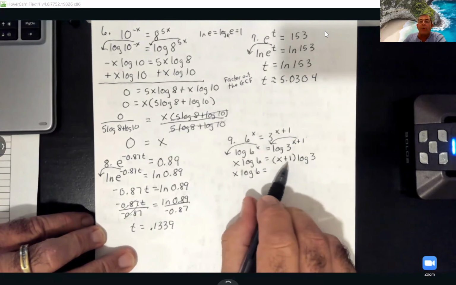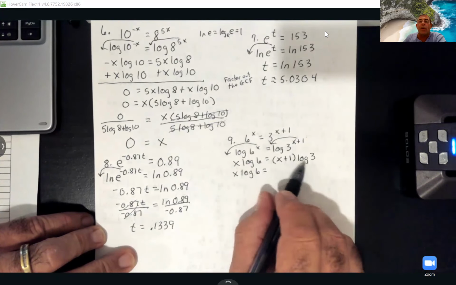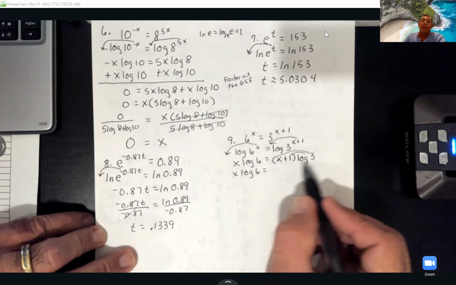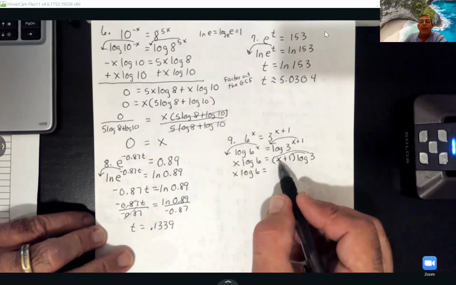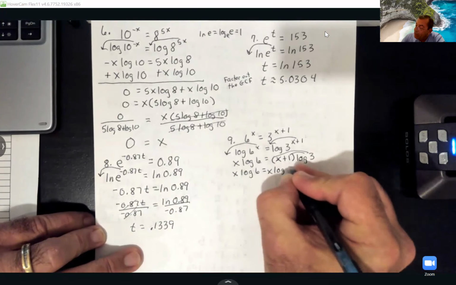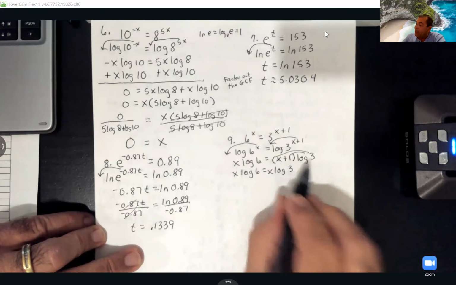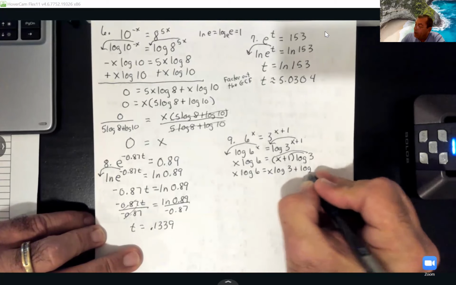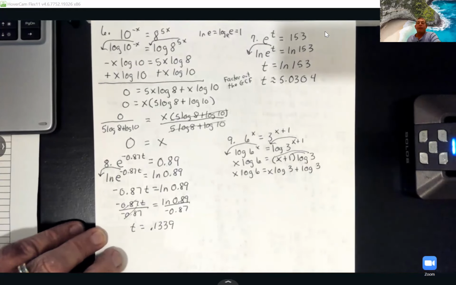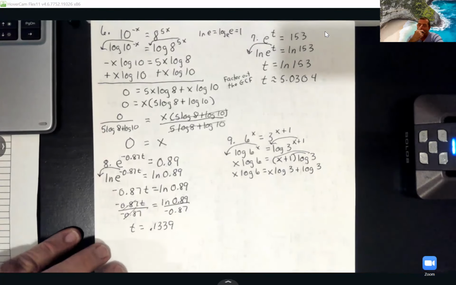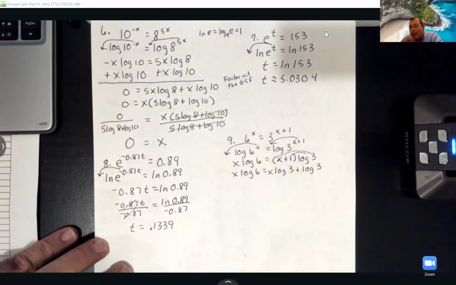But this side, we're going to multiply the x and the 1 by the log 3. So it's sort of like you're doing distributive property in reverse. So you get an x times log 3 is an x log 3. And then 1 times log 3 is plus a 1 log 3. So treat it like there's a 1 in front of that, since I don't have nothing in front of my log.